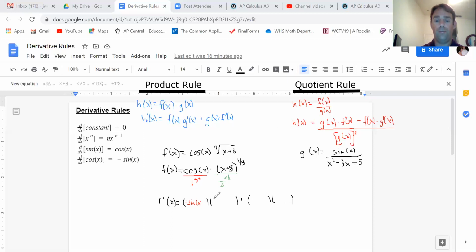So the 1/3 goes down. And again, being very selective of what functions I use here for my power rule. And in a couple of days, we'll see why. What do I mean by that? My exponent's going to go down, and then I got to subtract 1 from it. So that makes this a negative 2/3. So then I have x plus 8 to the 1/3, the second.